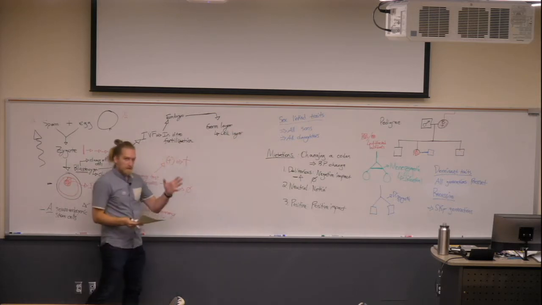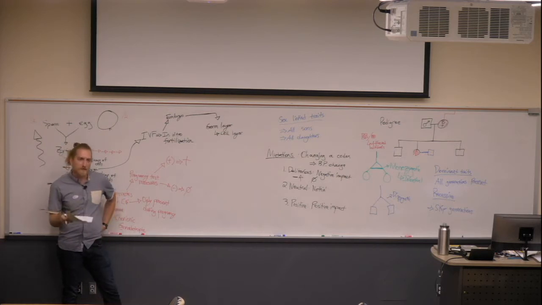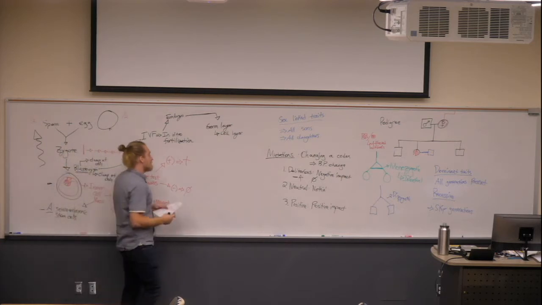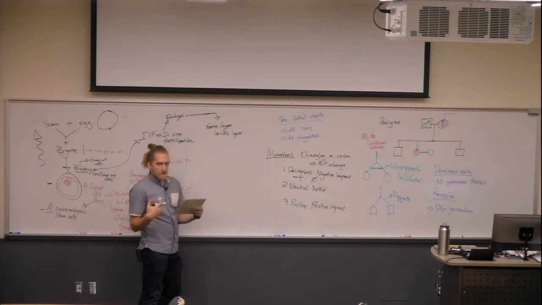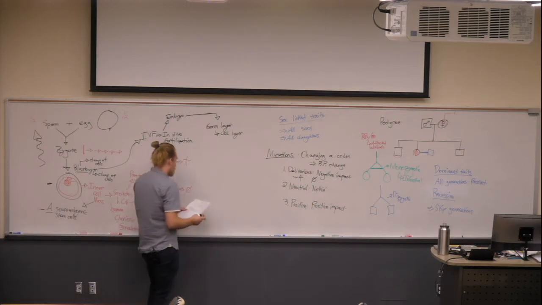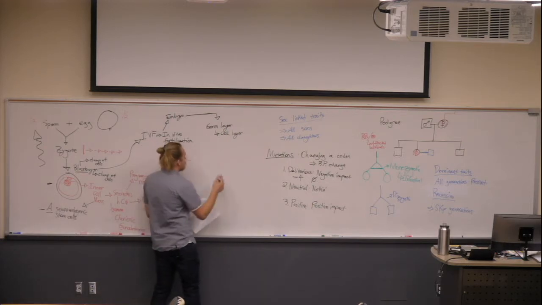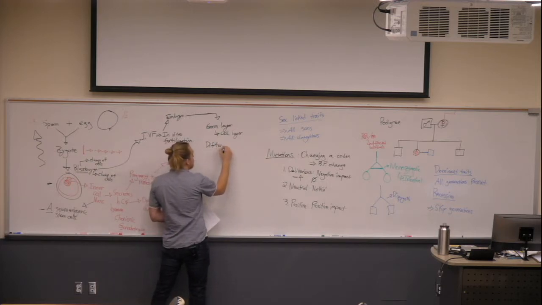But since this is at the very beginning of the developmental process, the cells themselves are able to differentiate into different kinds of cell types. And that's an important term here. Differentiate.